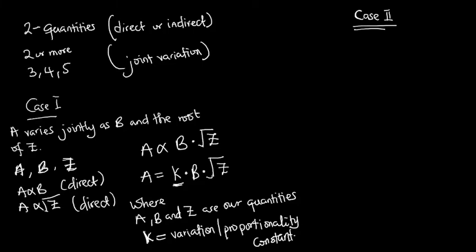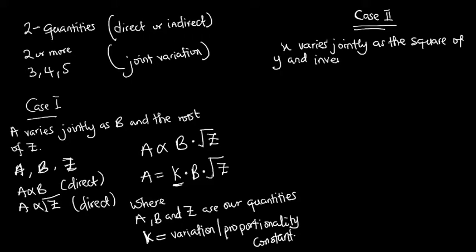So I'm going to use the statement S varies jointly as the square of y and inversely as the cubic root of z.